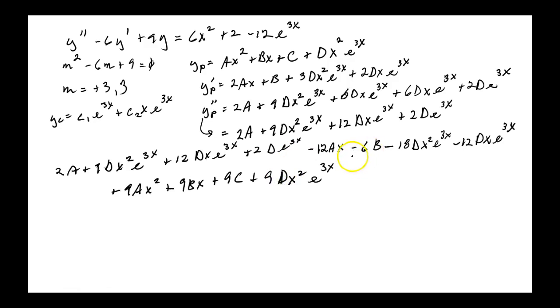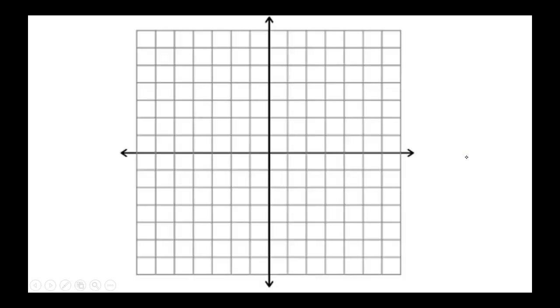Okay? And supposedly, that's equal to the right-hand side here, which is 6x squared plus 2 minus 12e to the 3x. Yuck.